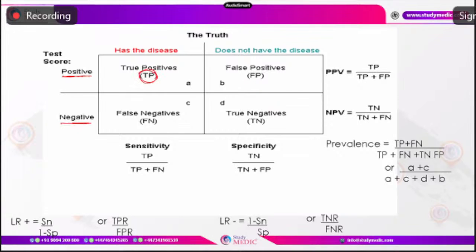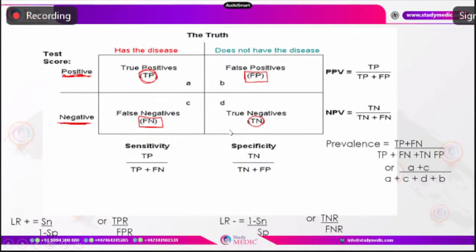Test is negative and the patient does not have the disease: true negative. Test is positive but the patient does not have the disease: false positive. Test is negative but the patient has the disease: false negative. So this is how we write it in the 2x2 table.